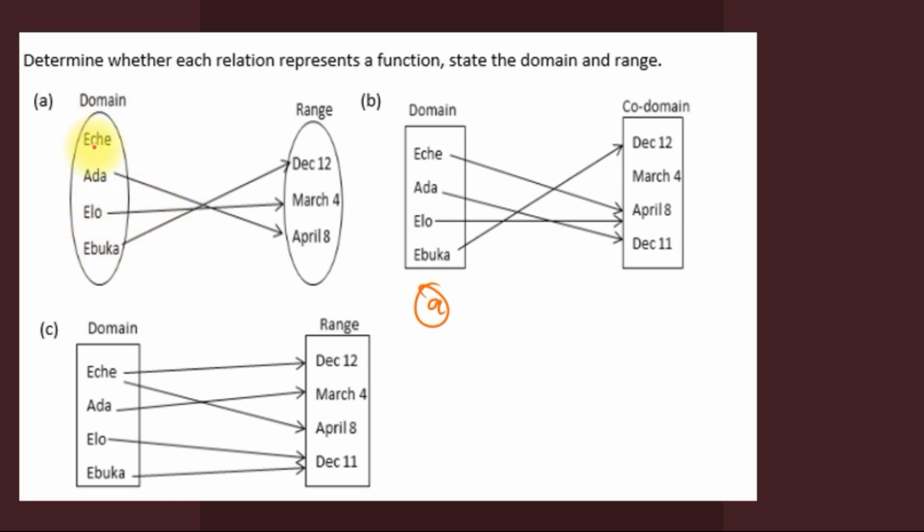Why? Because Eche, these are the names, Eche has no image, so not a function. So not all relations are functions. So it has no domain, no range.